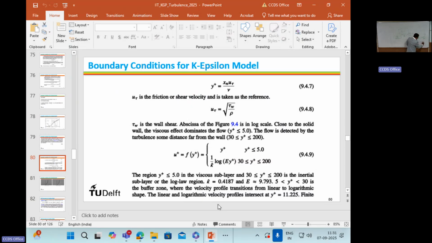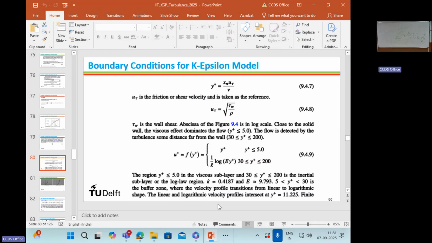Suppose this is a solid wall, the flow is moving. So you can calculate the velocity gradient with respect to the normal direction, right? Then multiplied with viscosity, this will give you the wall shear, right? Once wall shear is known, you can calculate u tau.